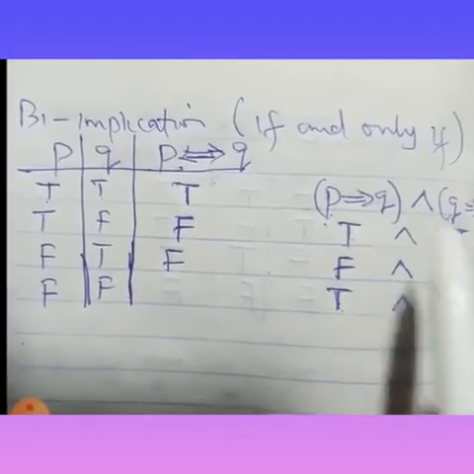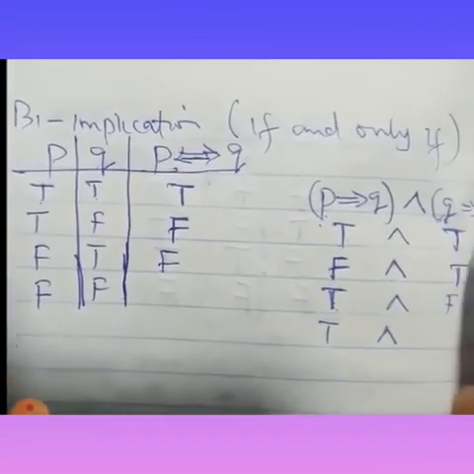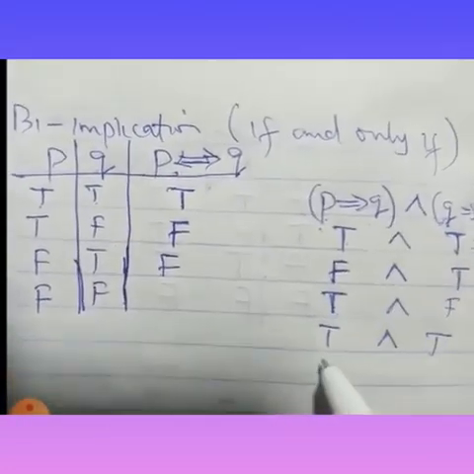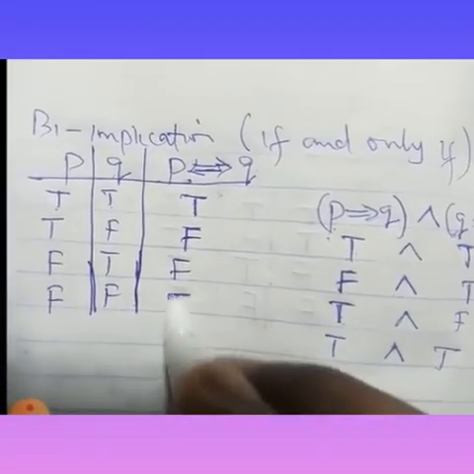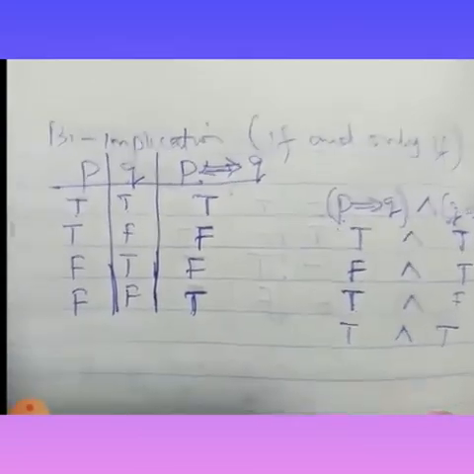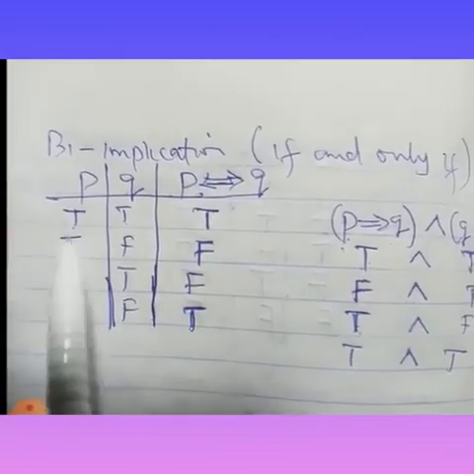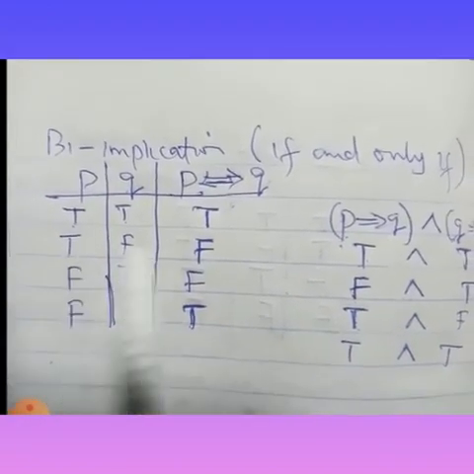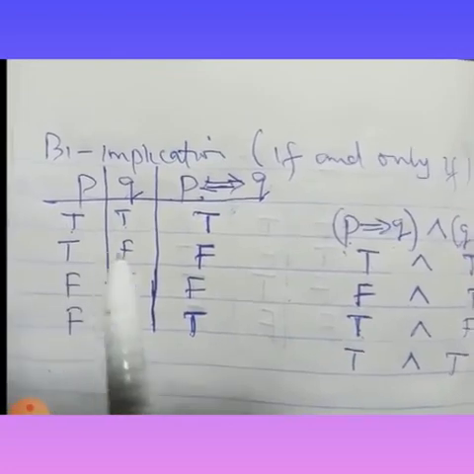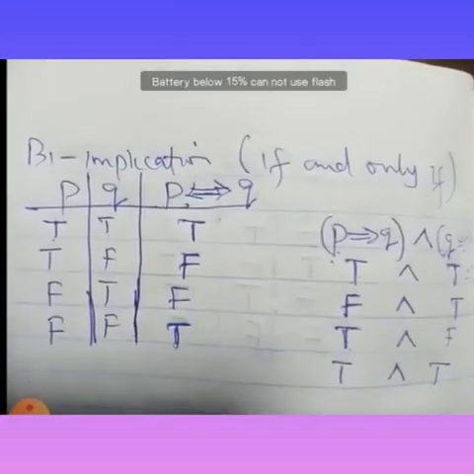False implies false, from what we discussed before, is true, and false implies false is true. Combining both, we have true and true, and that is true. So for by implication, the only condition for us to have true is when both of them are true or both of them are false. If one is false and one is true, the end result will be false. So that is for by implication.